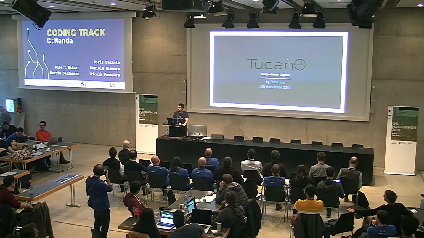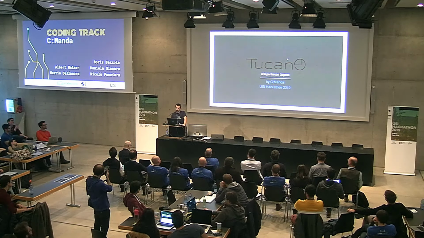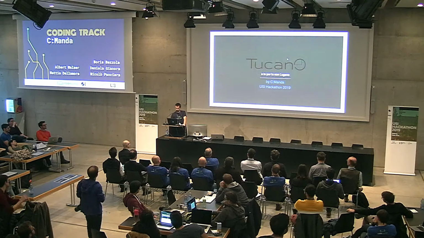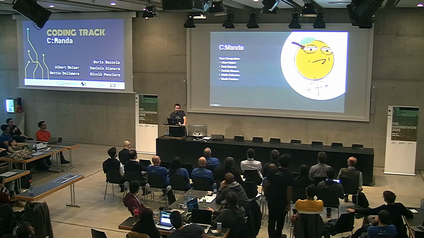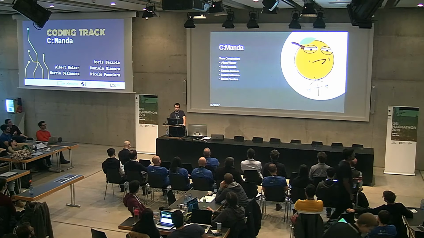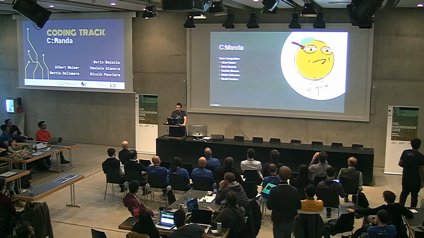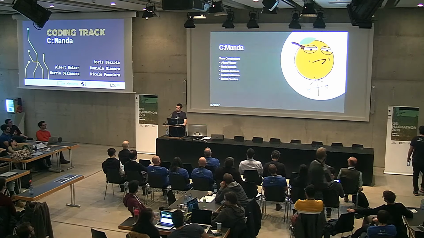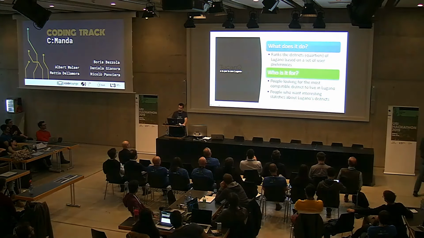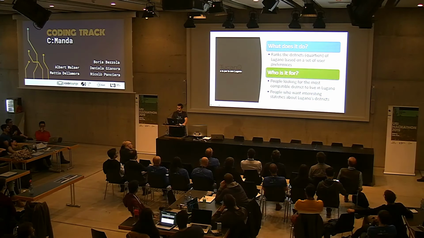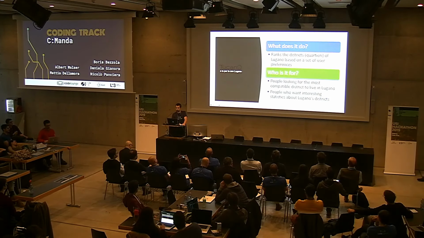Welcome everybody to the presentation of Tucano, l'applicazione tu con Lugano. We are Simanda, it's me, Albert Weiser, with Boris Bezzola, Daniela Gianora, Mattia Della Mora e Nicolo Pancera. So, what is this app about? Well, it's an app to rank the districts of the city of Lugano based on a set of user preferences. Who is it for?